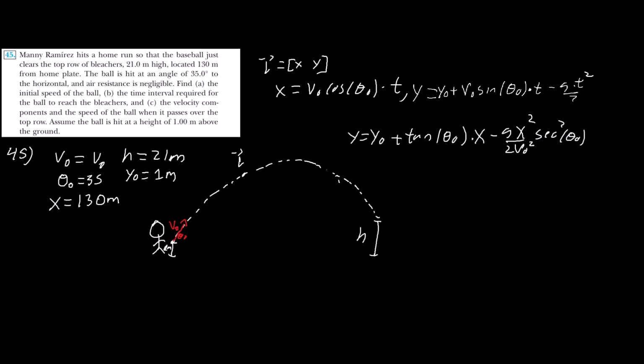Now let's think about this. Your only unknown is v naught. The initial height is just 1 meter, the final height is 21 meters, and x is 130 meters.